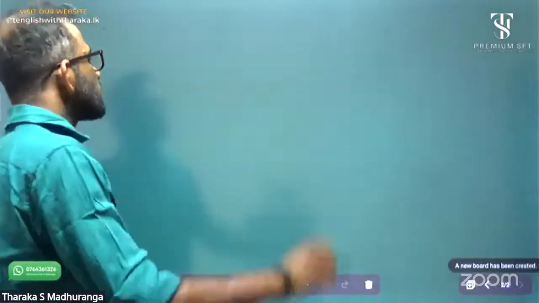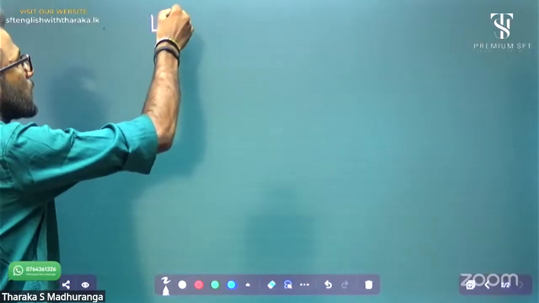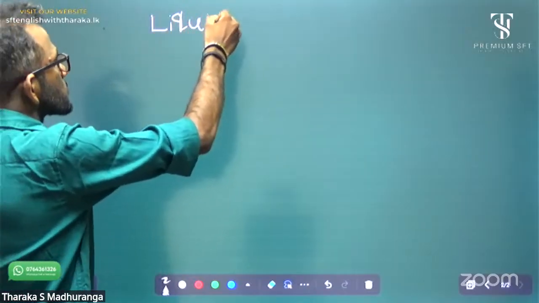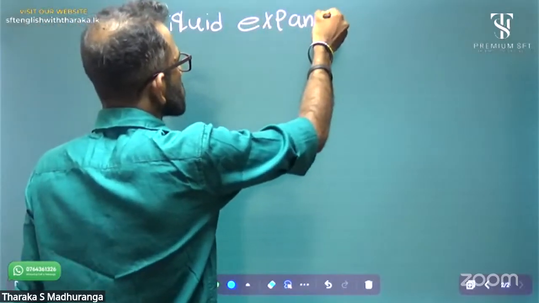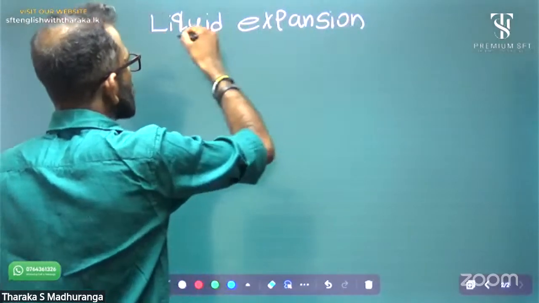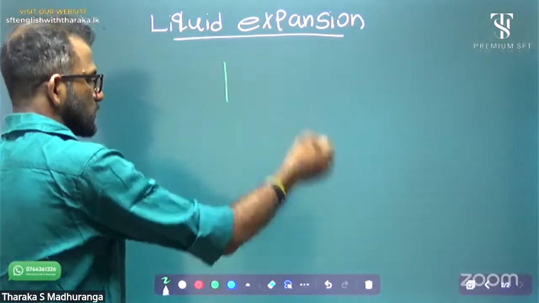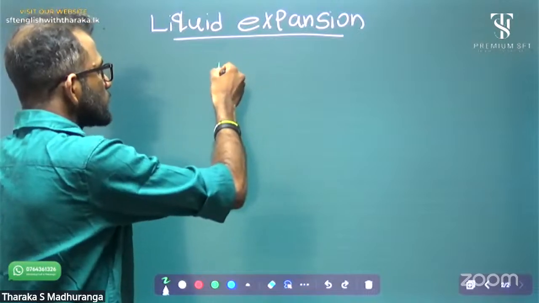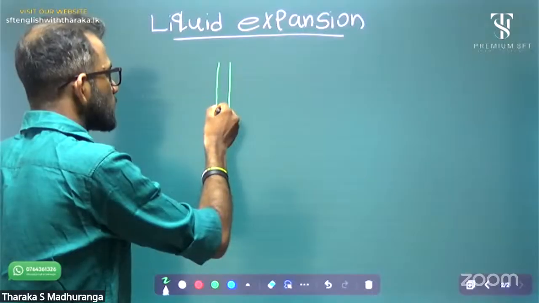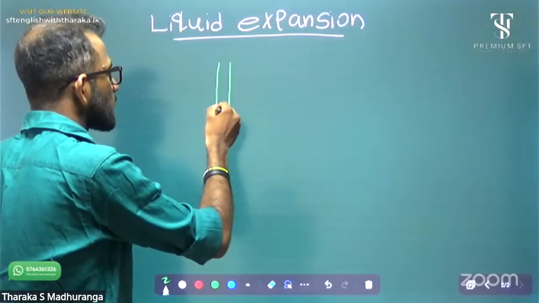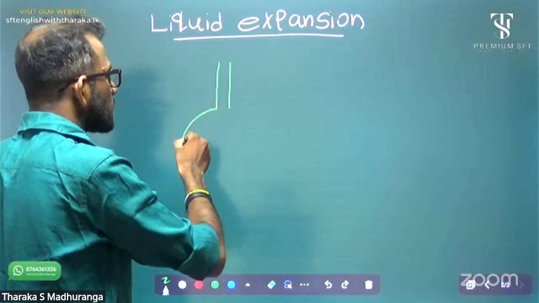Okay. That's liquid expansion. You can take this type of container, which we call a flask. I think it is a round bottom flask.